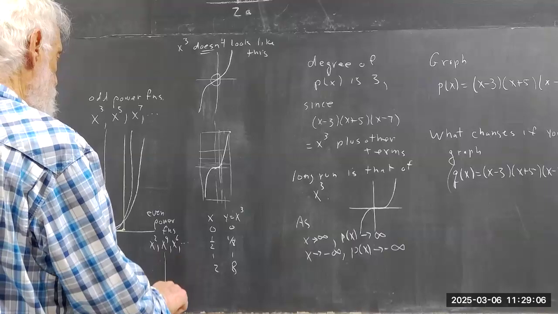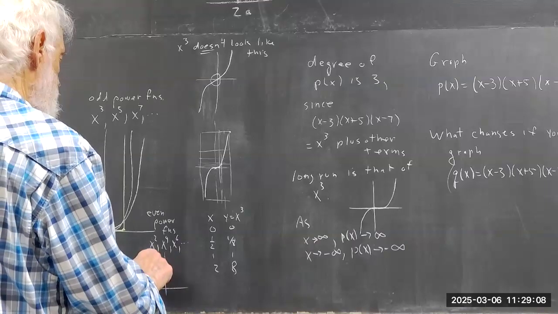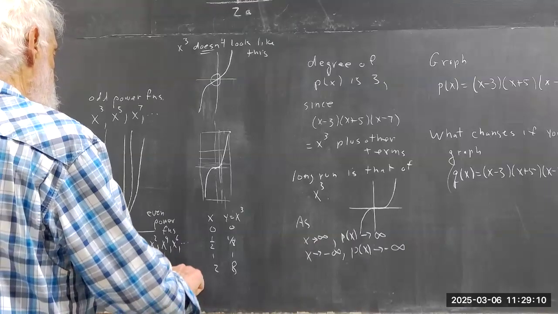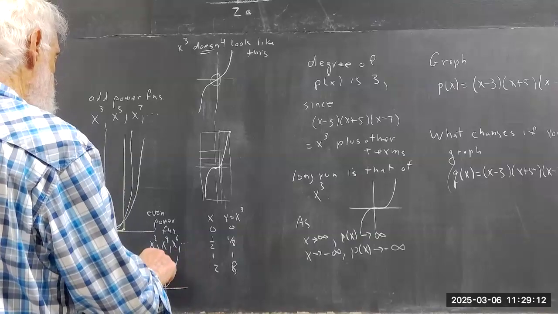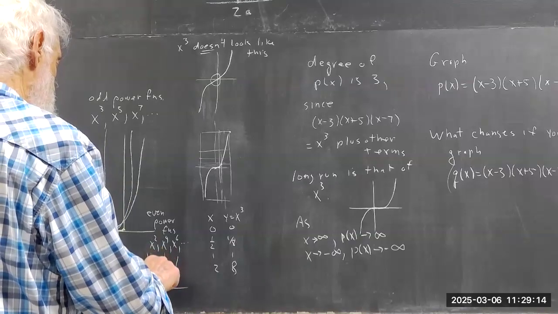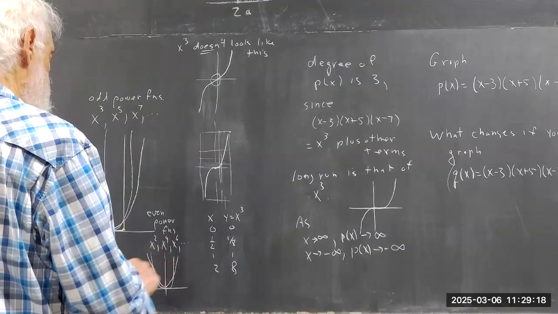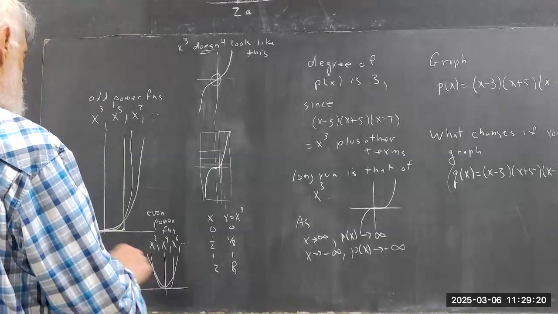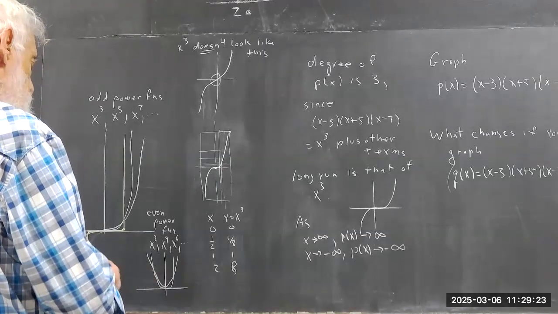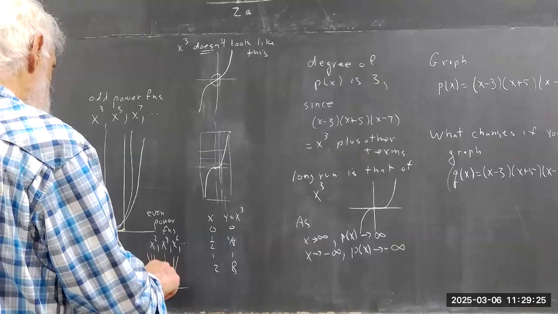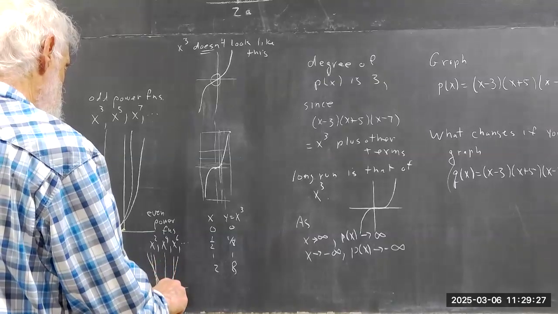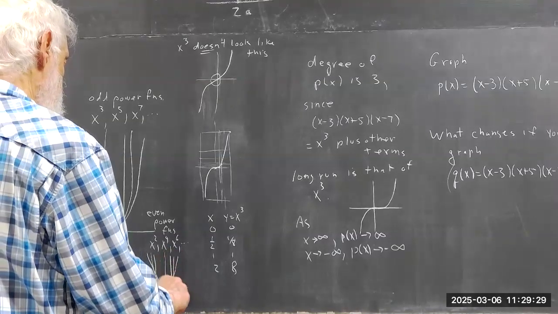Even powered functions have graphs that look like parabolas, or much flatter. And eventually they get so flat they almost look like this.